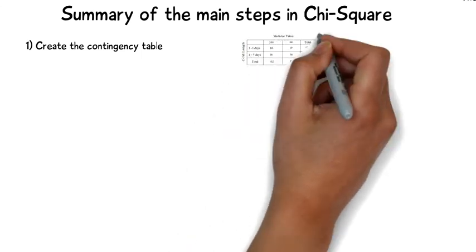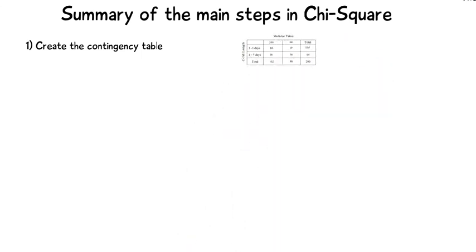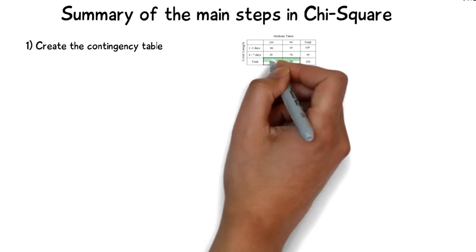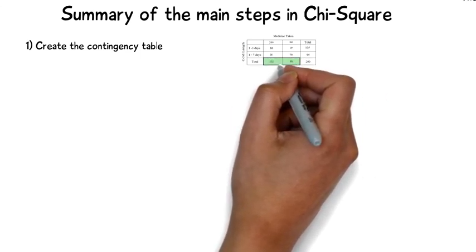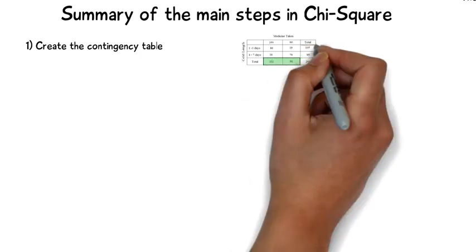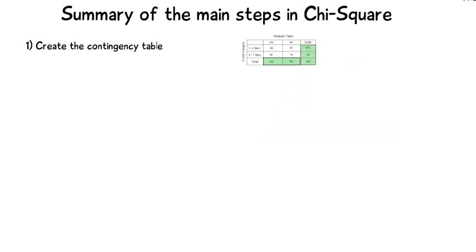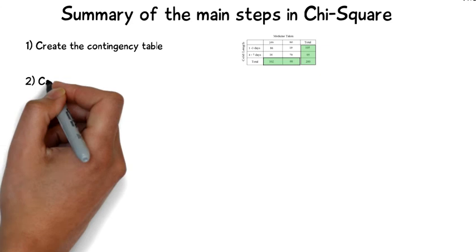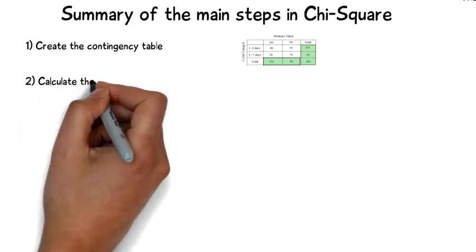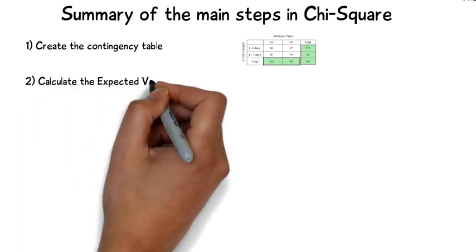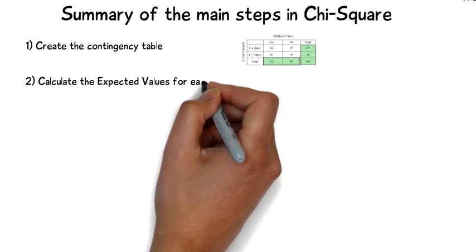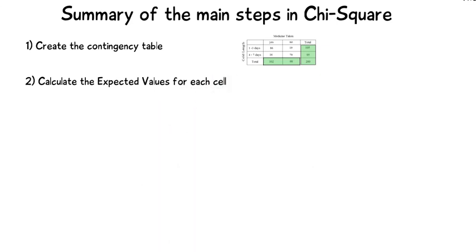Here's the example you used, and I'm just going to highlight those totals there, and the grand total at the bottom there. Number 2, you need to calculate the expected values. Now this is really annoying because they don't give you the formula in the exam, so it's something you need to learn and remember off by heart. Here it is.